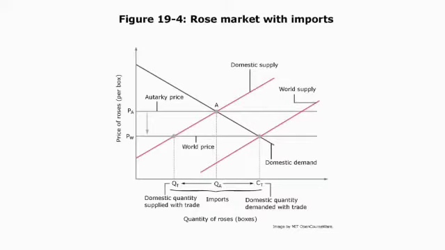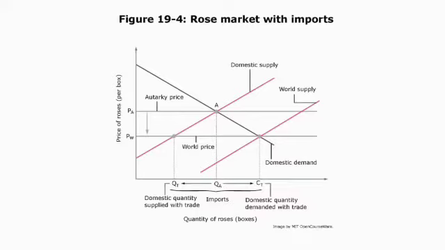But since the US is not the cheapest producer of roses, this shifts out to a world supply, and we get to a new equilibrium at quantity C sub T, which is the new quantity of roses we consume, and a lower price P sub W. The horizontal line is just showing the price in autarky and the world price.